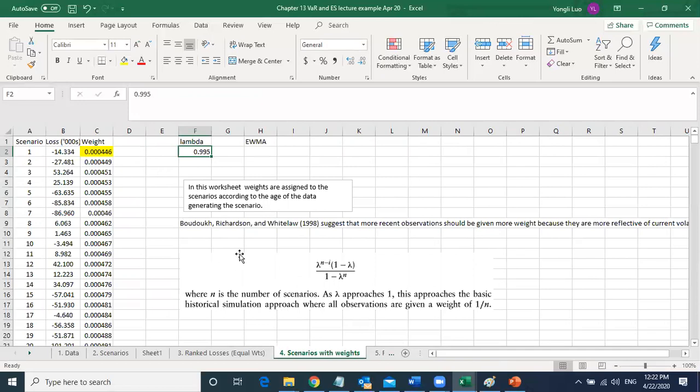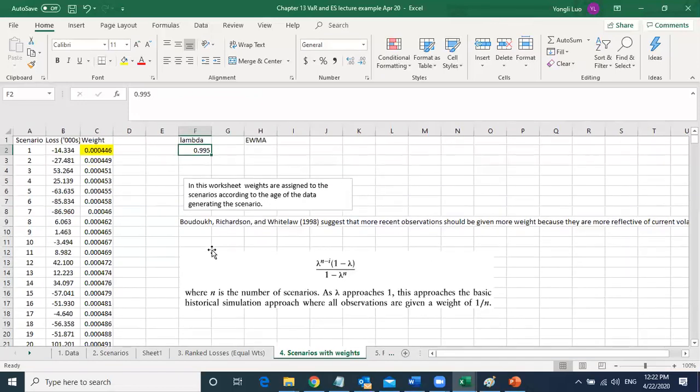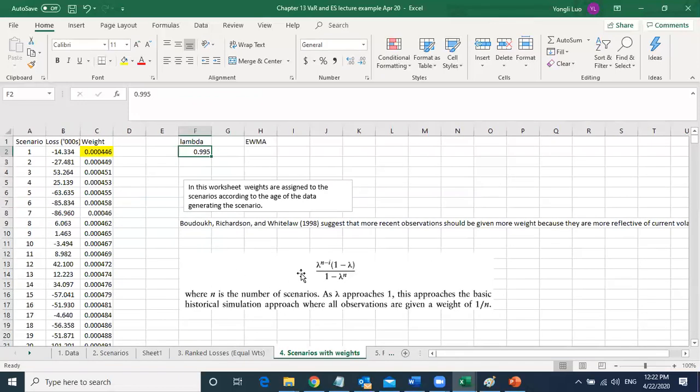So how do we do it? This is what we do. Based on Boudoukh's 1998 suggestion, in the worksheet we choose n as the number of scenarios. We have the total number of scenarios, and n is 500.